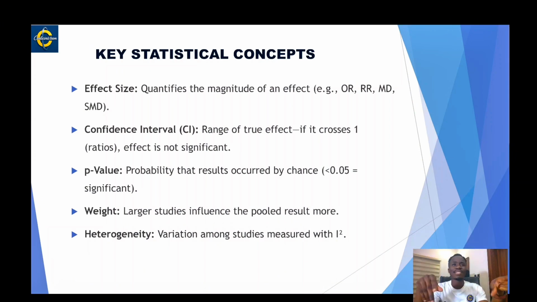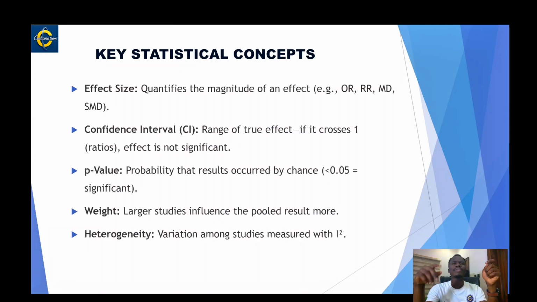To perform a meta-analysis using any type of interface, you must have in mind what you want to determine, for example, the risk of malaria. There are effect sizes to consider, and that's what we call effect measures or sizes. That's why we have the odds ratio, risk ratio, mean difference, standard mean difference. This is what determines the magnitude of the effect in our meta-analysis. Don't forget, we're going to explain all this in detail because we'll always refer back to it.